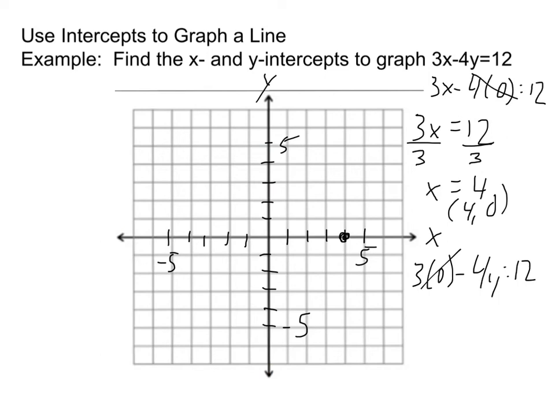That will cancel, so we have negative 4y equals 12. That negative 4 is multiplying the y, so we divide to get rid of multiplication, and y equals negative 3. So I go to my y-axis, I go down to negative 3, which is right there. Now I've got 2 points.